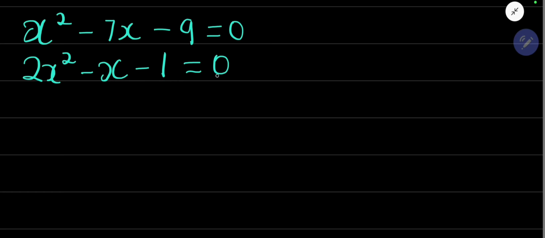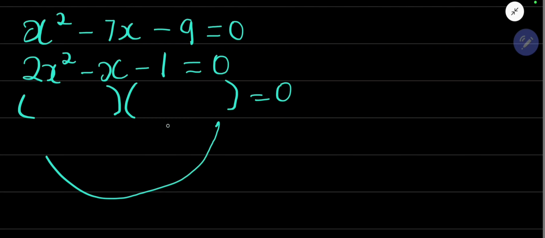This is type 2 because it has a coefficient before x squared. Even this one, you were supposed to do the same thing: open two brackets and equate to 0, and use that method of trial and error.